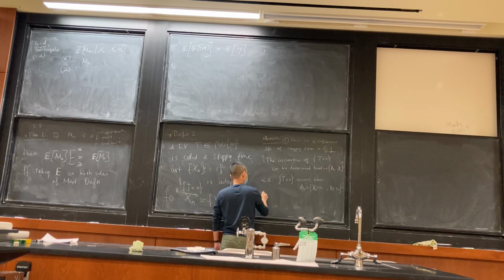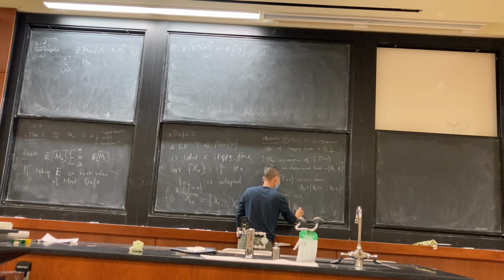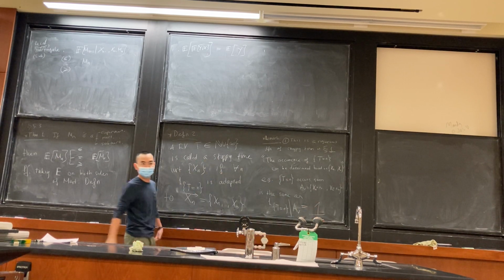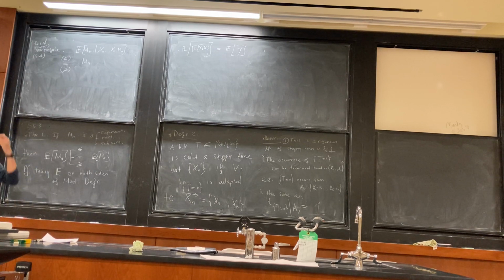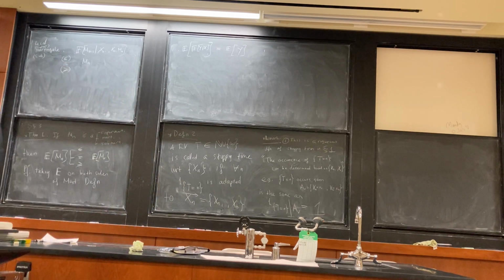That is the same as saying the indicator function of T equals n, conditioned on the past, is identically 1, a constant.